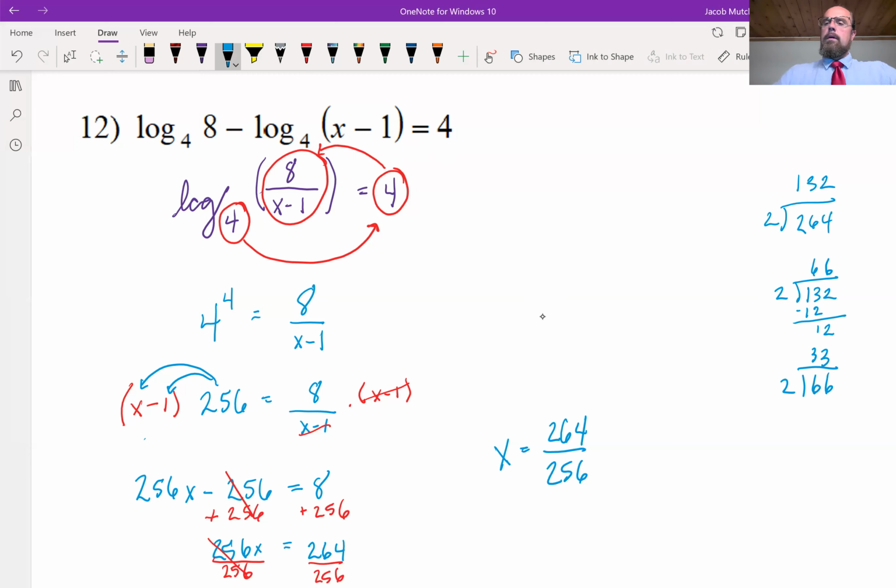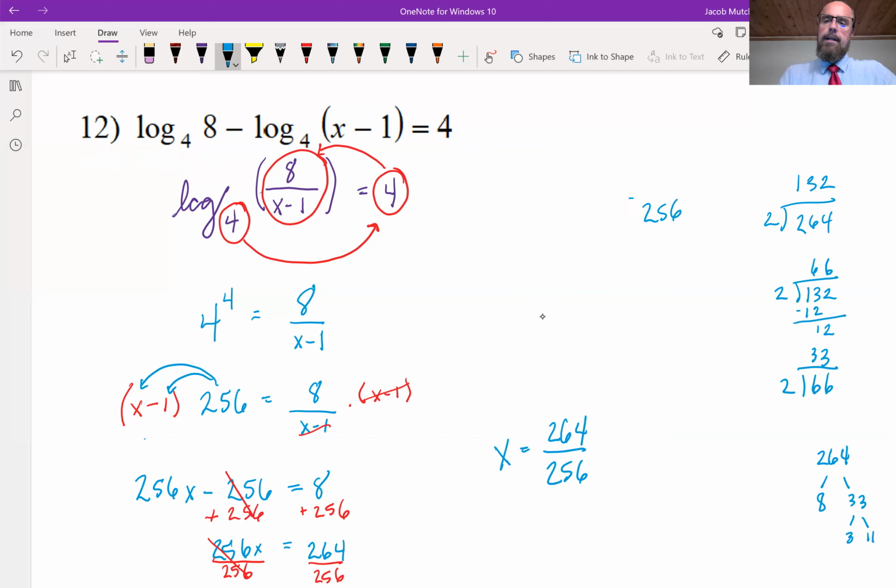So at that point, I can say that the factors of 264 are 2 to the power of 3, since I divided 3 of them out, so that's 8. And 33 itself is going to be 3 and 11. So to make the reduction, I know that 256 is 4 to the power of 4, so I can definitely divide it by 8.